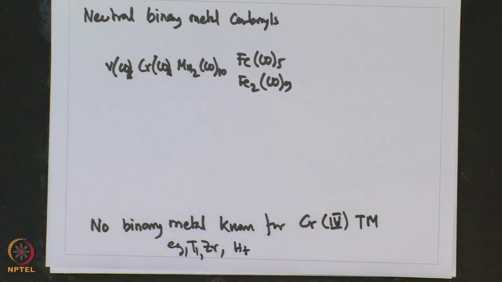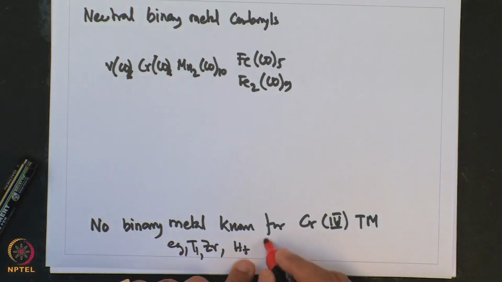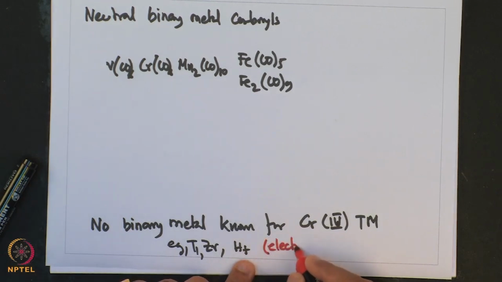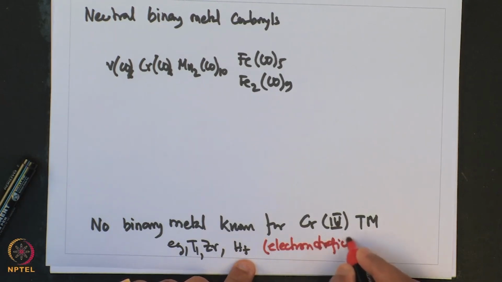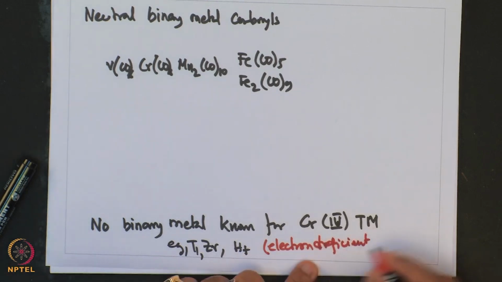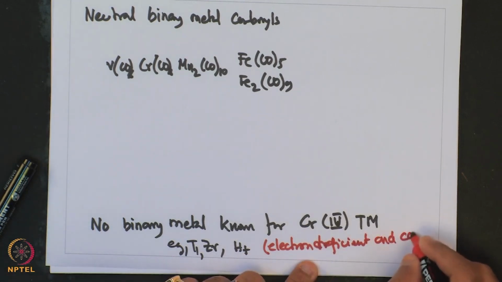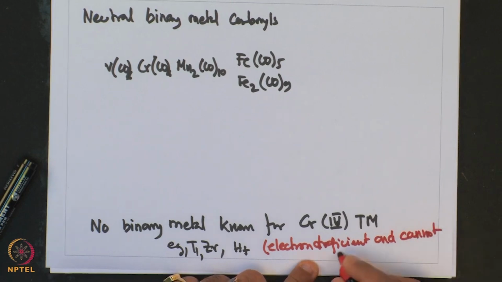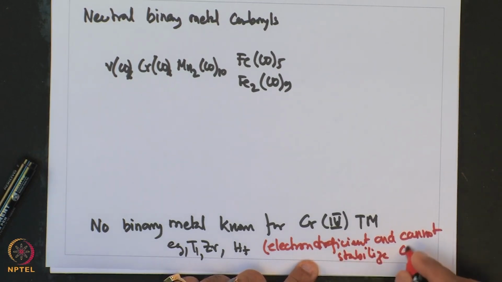The reason is that these group 4 transition metals are electron deficient and cannot stabilize the CO ligand.